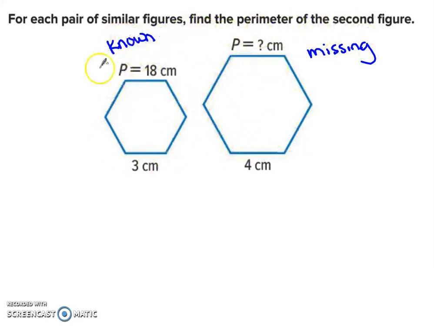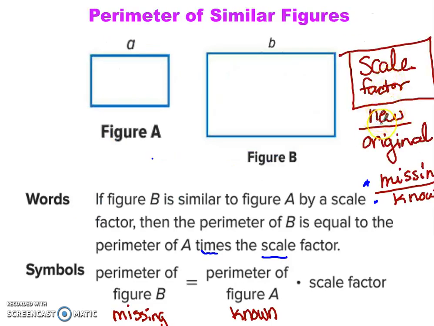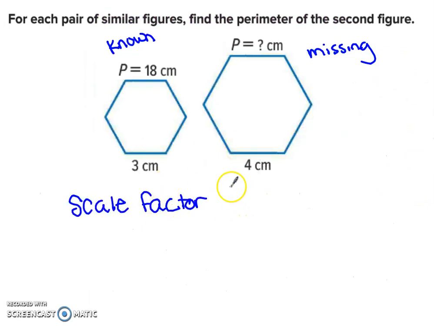So the perimeter of this is 18. Okay, so the scale factor, remembering the scale factor is the new over the original, or the missing over the known. So we're going to put 4 over the 3.